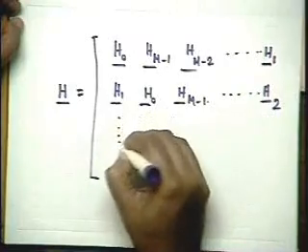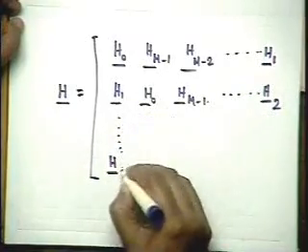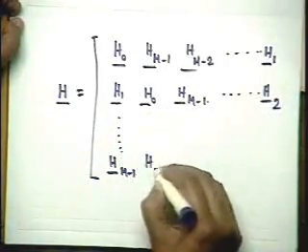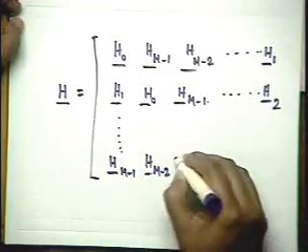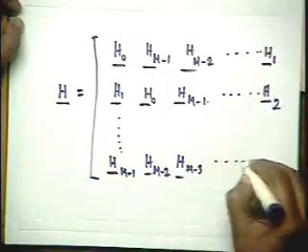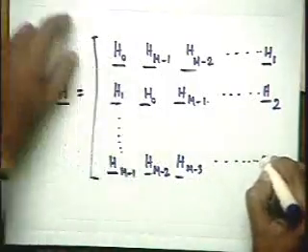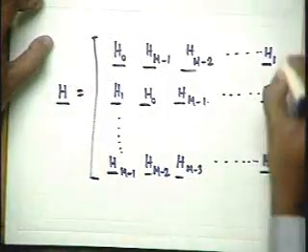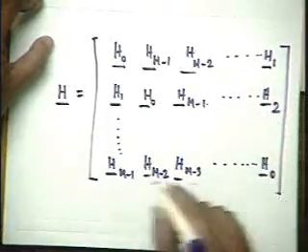And the last row is H(m-1), H(m-2), H(m-3), etc., up to H0.